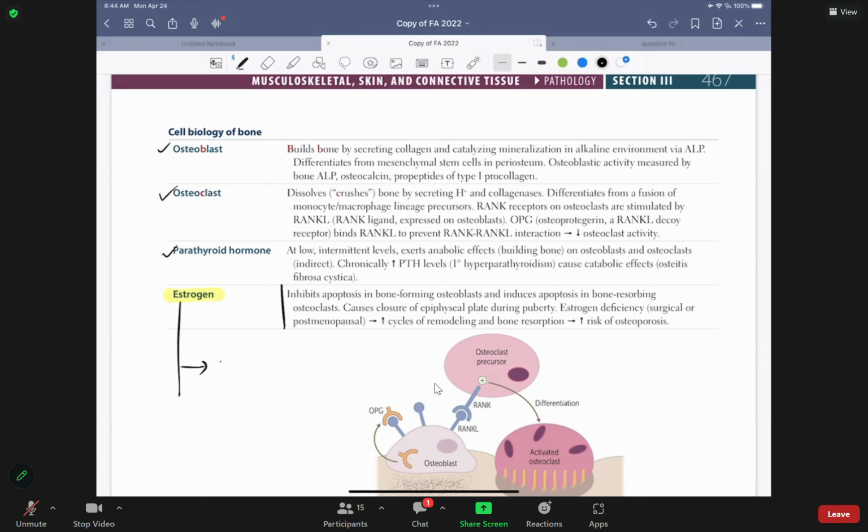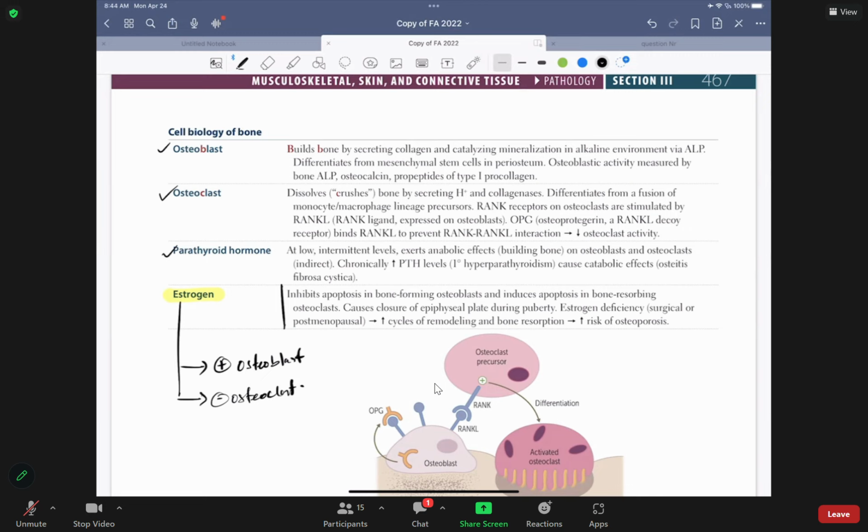Estrogen stimulates osteoblast and kind of inhibits osteoclast. So that means more estrogen, more bone formation. Is that clear, folks? And they wrote it in a long sentence.